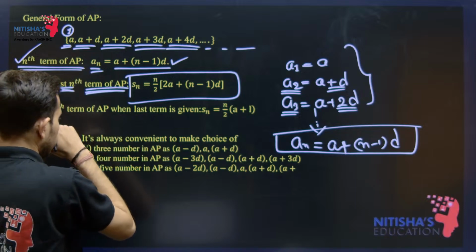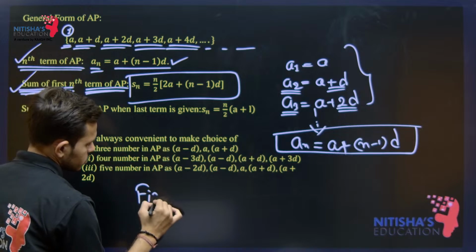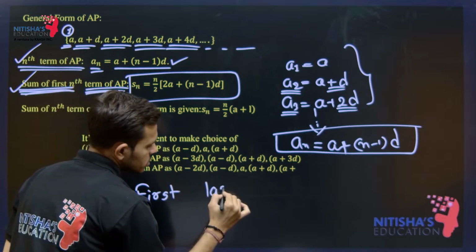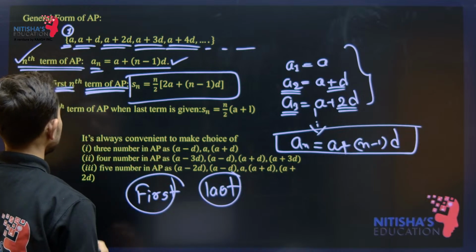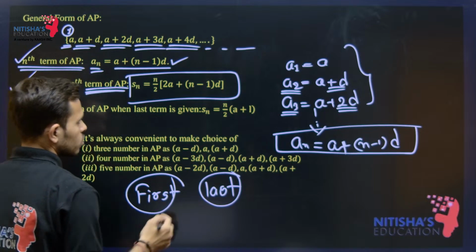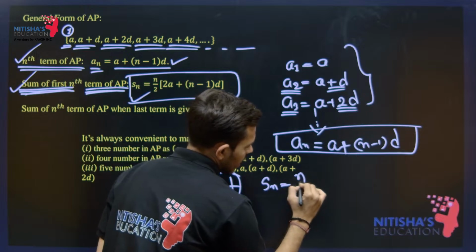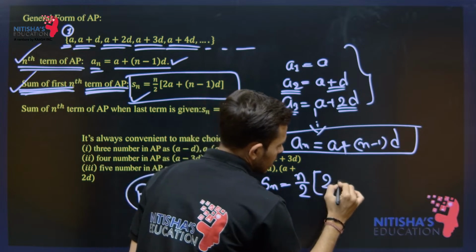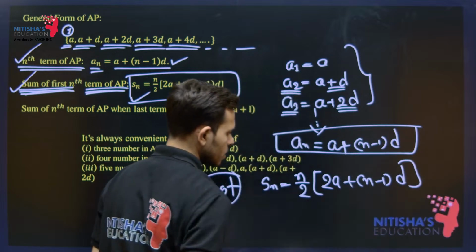Now, if we have the first term and the last term, then we can easily calculate the sum of any arithmetic progression. Why? Because the equation of sum is Sn is equal to n upon 2 in bracket 2a plus n minus 1 into d, right?